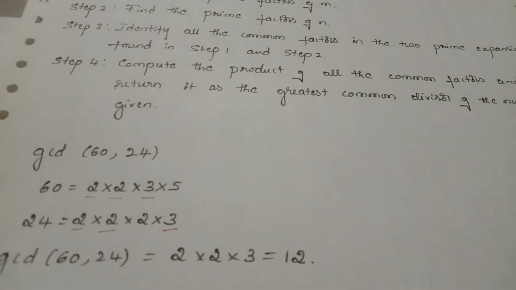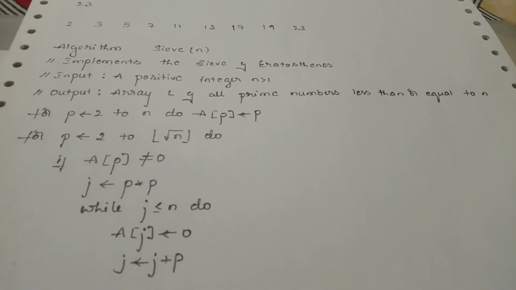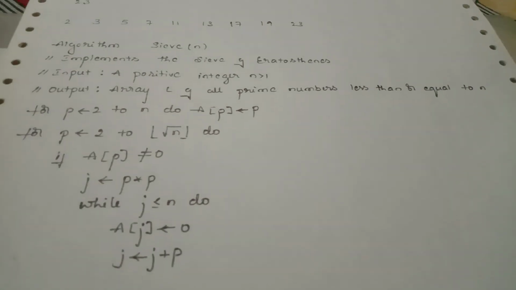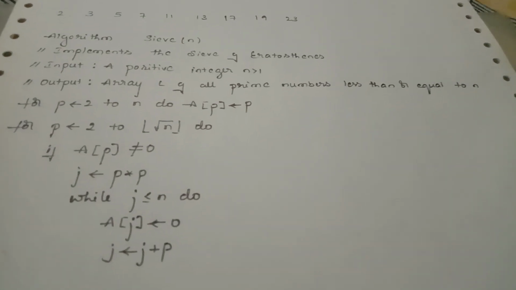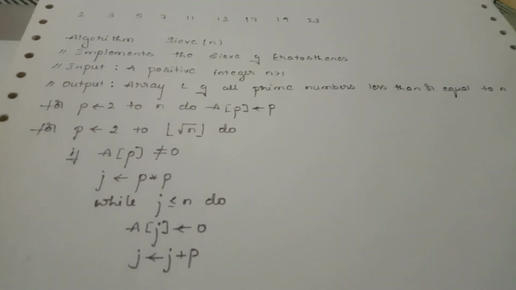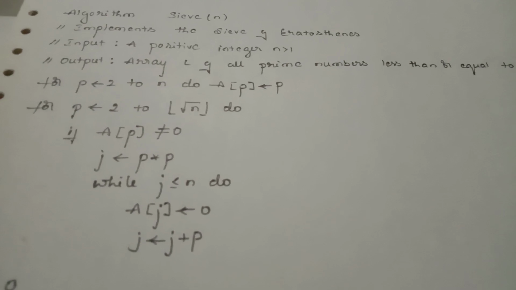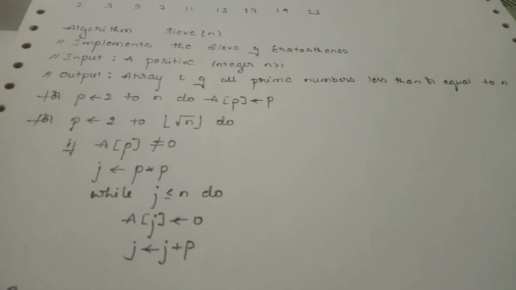This algorithm is named the sieve, the sieve of n. Here we get the prime numbers up to the given value n. So what is this procedure, and how do we get the prime numbers until n?